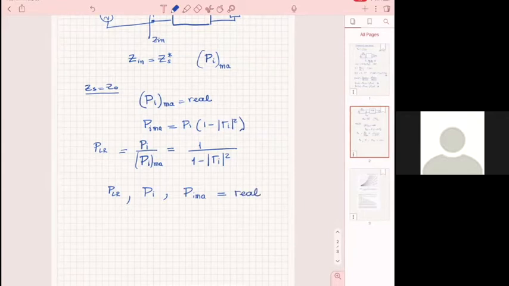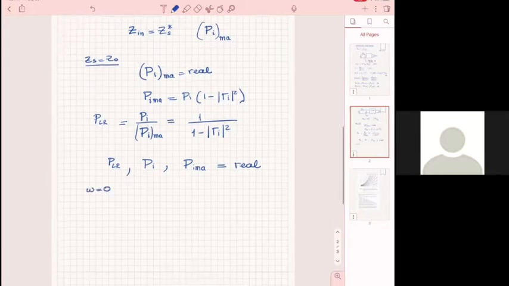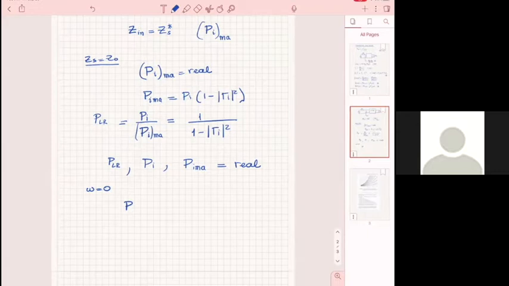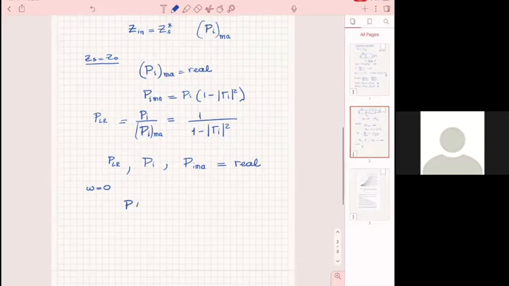And if for a moment we assume that our design frequency is 0, then you're going to find out that each one of those powers, including PLR, PI, or PI maximum available, all of these will be even functions of the frequency.